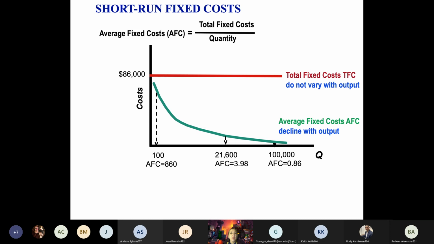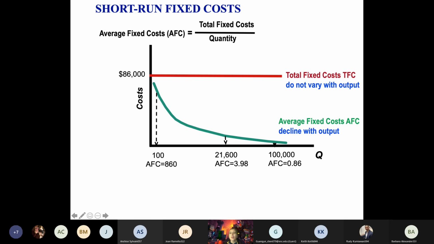So what do we have? Average fixed cost. The total fixed cost is a constant no matter how much we produce. It does not vary with the output. But if you compute per unit cost, so if you make 100 cups of coffee and you've just spent $86,000 setting up your coffee shop, then every cup technically has this overhead of $860.